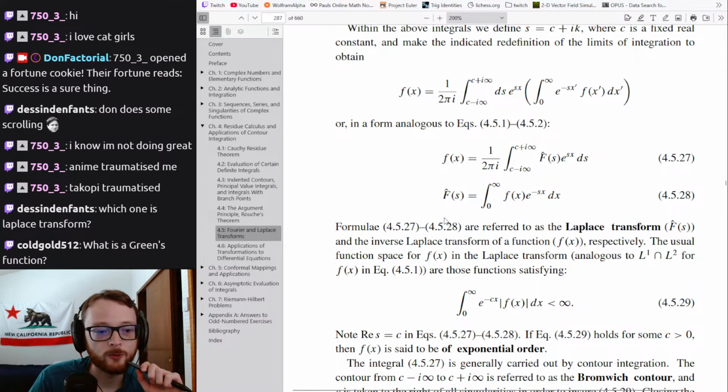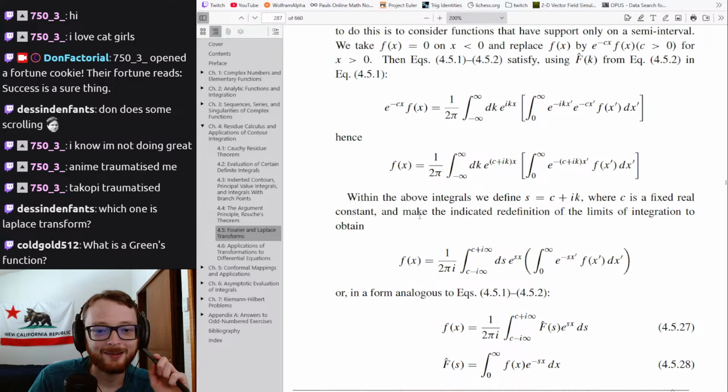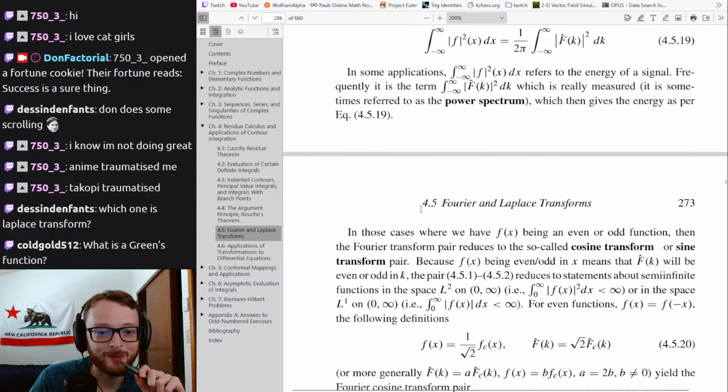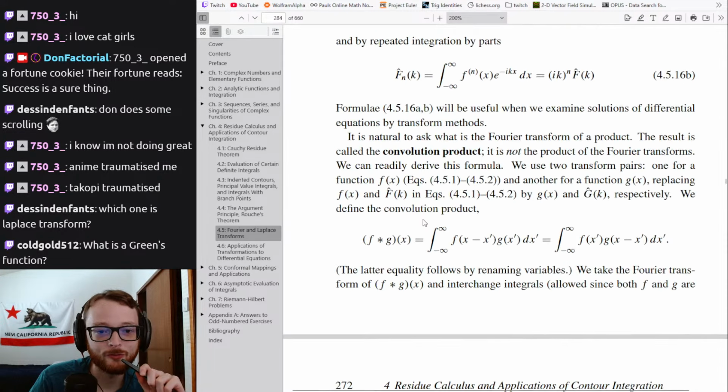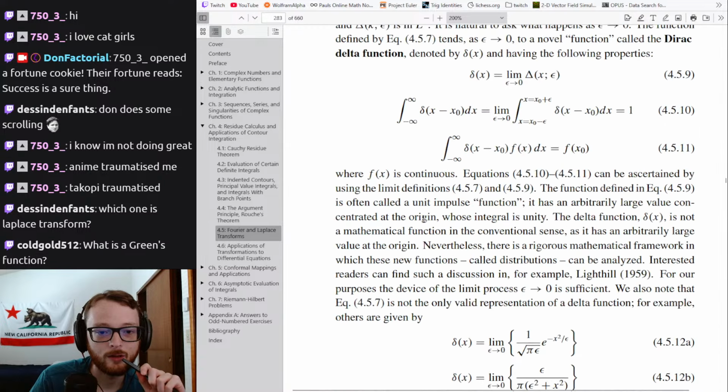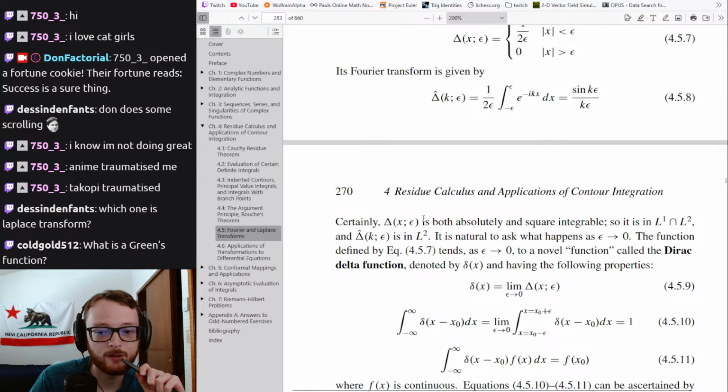What is a Green's function? Well, I can quote the book at you. I don't fully understand it for myself. A Green's function solves a PDE.